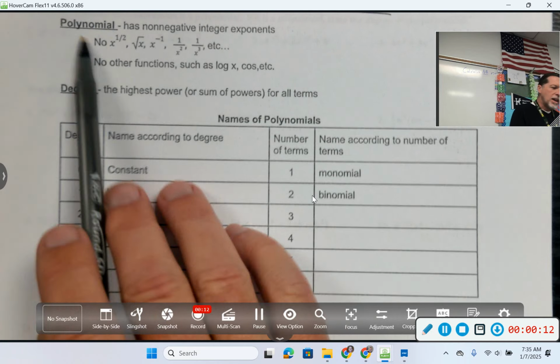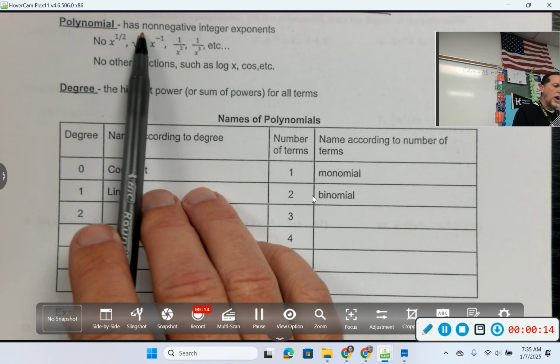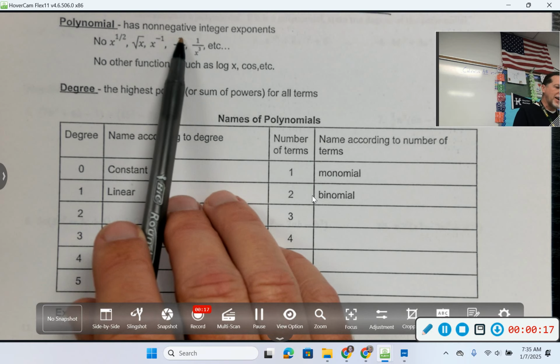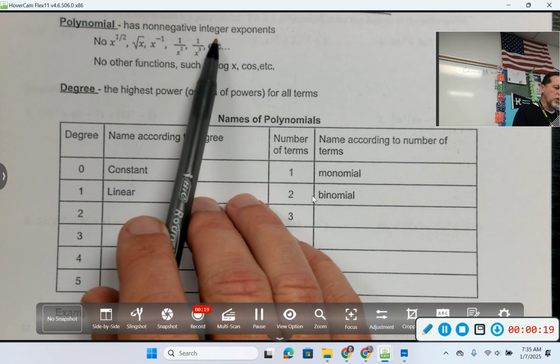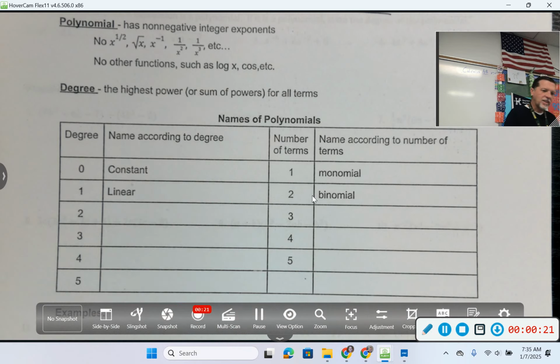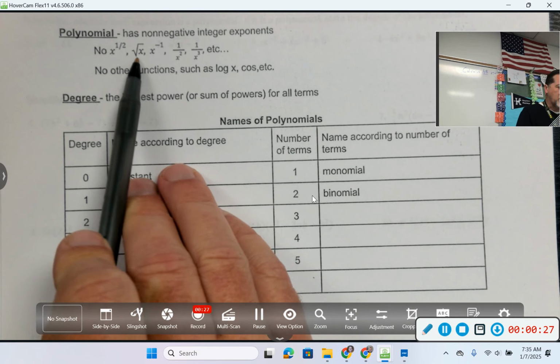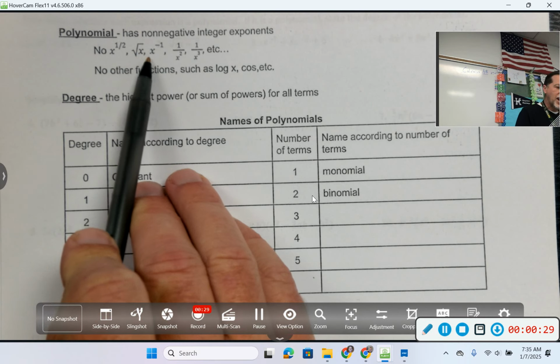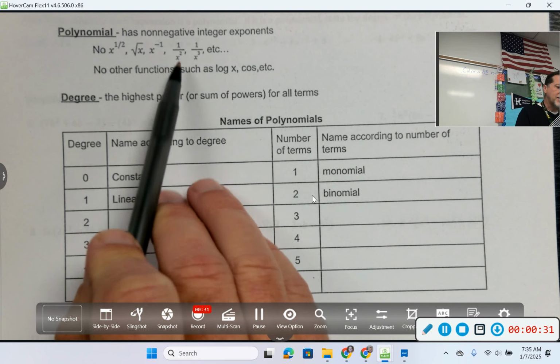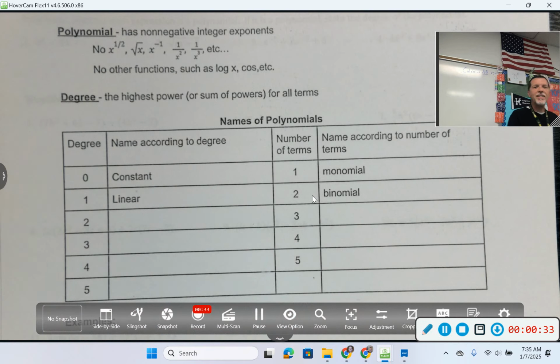All right, a polynomial has non-negative integer exponents. So no x to the 1/2, which is the same thing as the square root of x. X to the negative 1 is 1 over x, 1 over x squared. You can't have any of that stuff. That's not a polynomial.